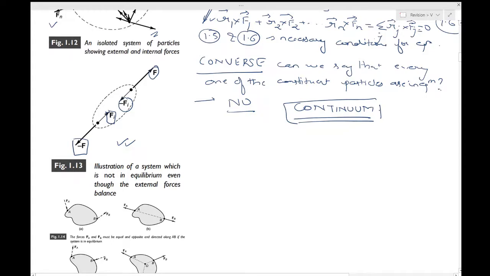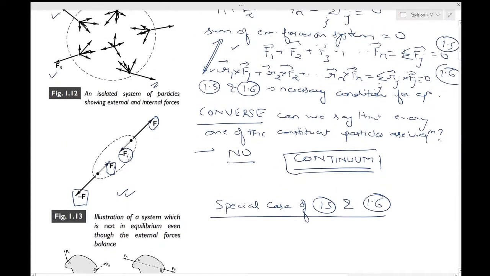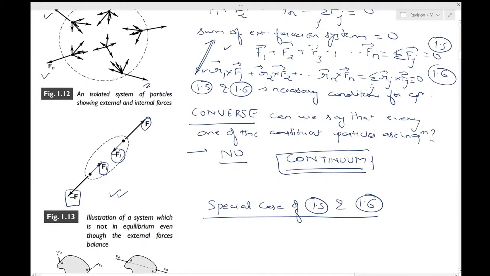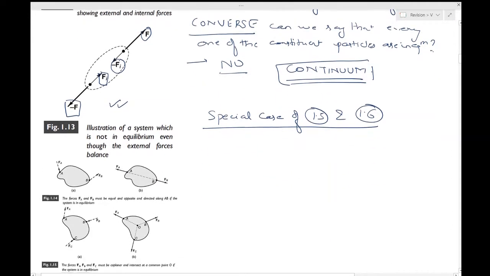Another very important part, and actually a special case of 1.5 and 1.6, is what we'll be studying next. Remember, 1.5 is that the resultant of all the external forces has to be equal to 0, and 1.6 is that the resultant of all the moments about any arbitrary point for a system has to be 0. Both of them have to be satisfied for the system to be in equilibrium.